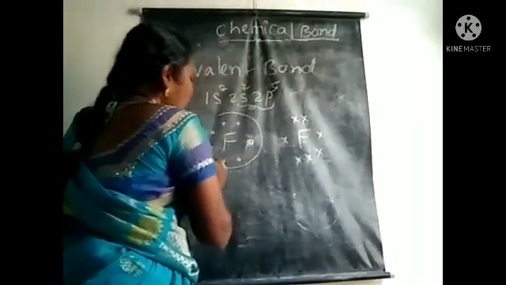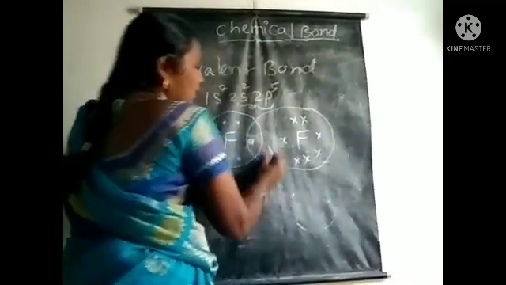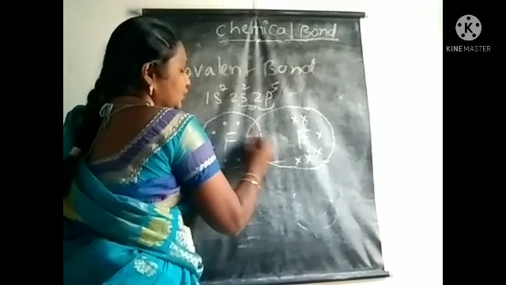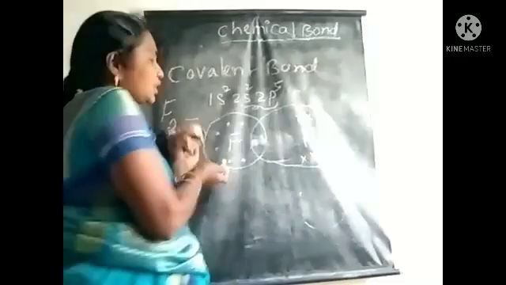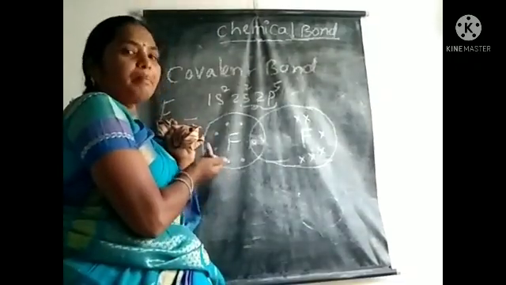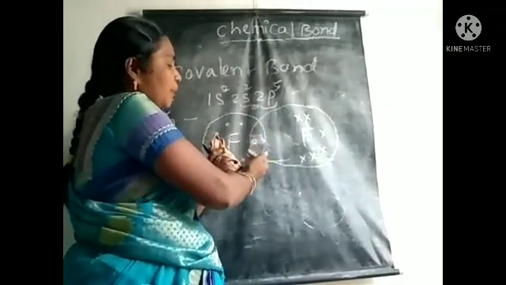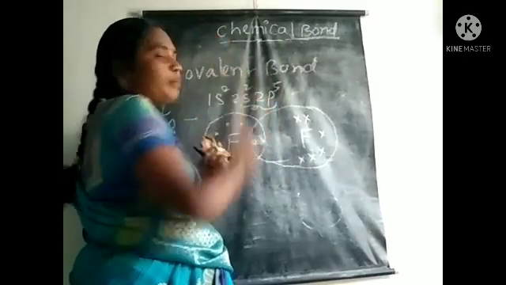Okay, this is one fluorine atom. Here, the bond is formed between these two electrons. In this, electrons are not transferred, but these electrons are shared by the two fluorine atoms. That's why a covalent bond is formed.